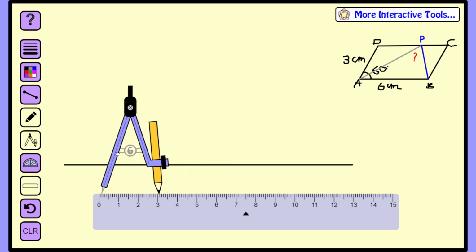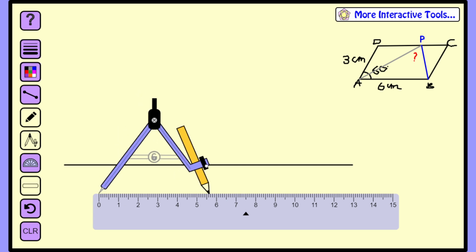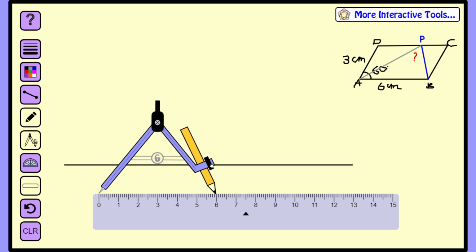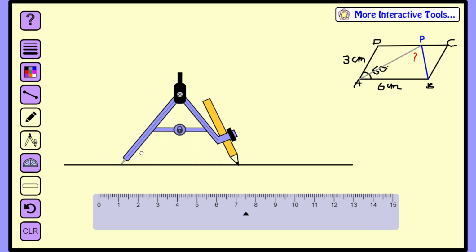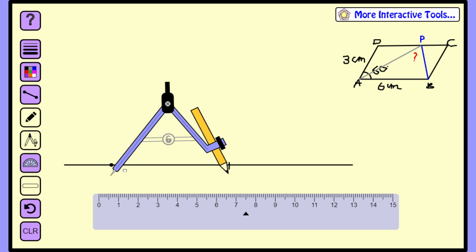Mark a point A on the line and measure 6 centimeters using the compass. Mark an arc to mark out point B. This is 6 centimeters and you know that AD is 3 centimeters.